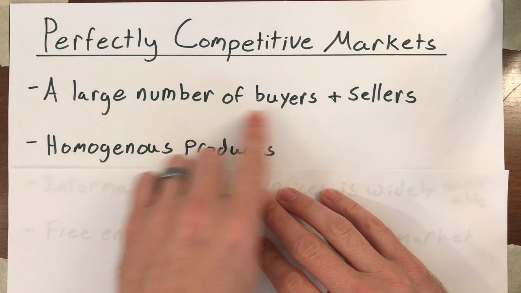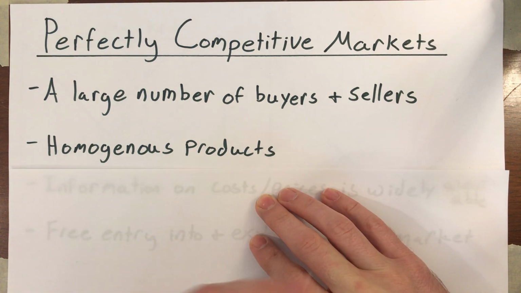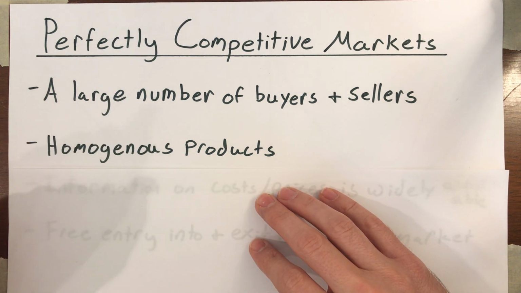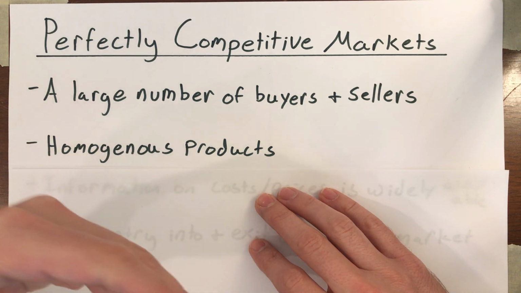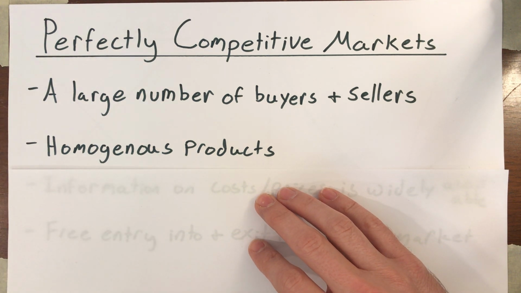And more than that, there's a large number of competitors. There's a lot of sellers out there. And so it's easy for your consumers to find your competitors and just walk across the street and make the purchase over there. There aren't big costs of searching and finding somebody else if you're charging a higher price than they are. All right, so those are the first two characteristics.